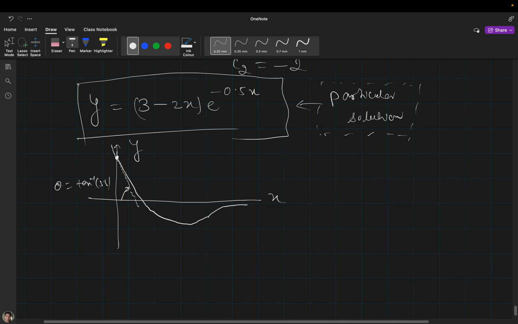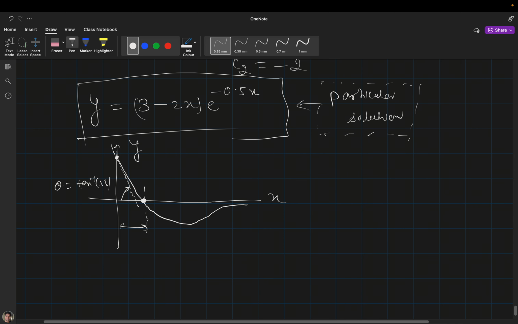And you can see, what is the value of this x?